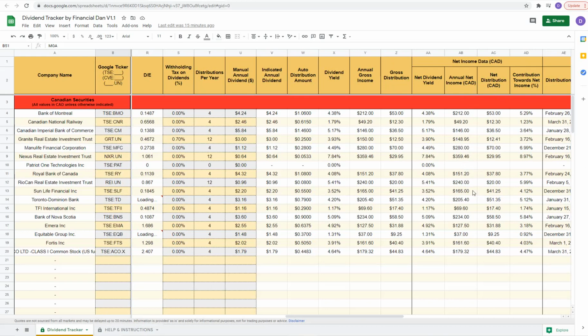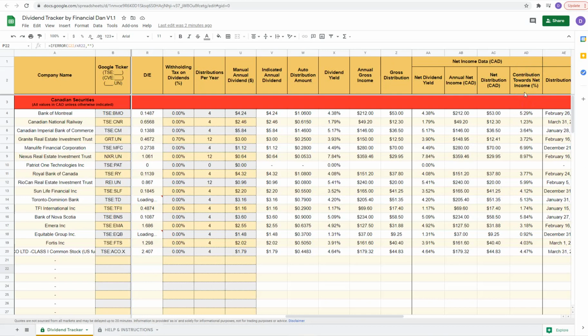It's automatically converted into Canadian dollars, and it also deducts any sort of withholding tax. So this is what you're going to be seeing after it's converted into Canadian dollars and any withholding tax is deducted given today's current exchange rate.